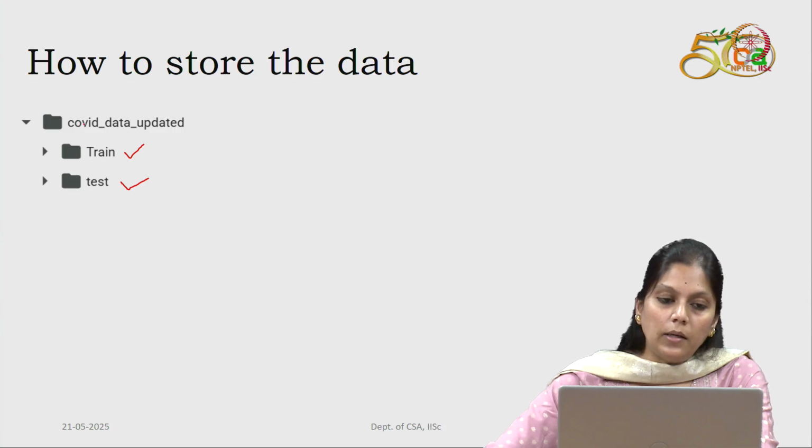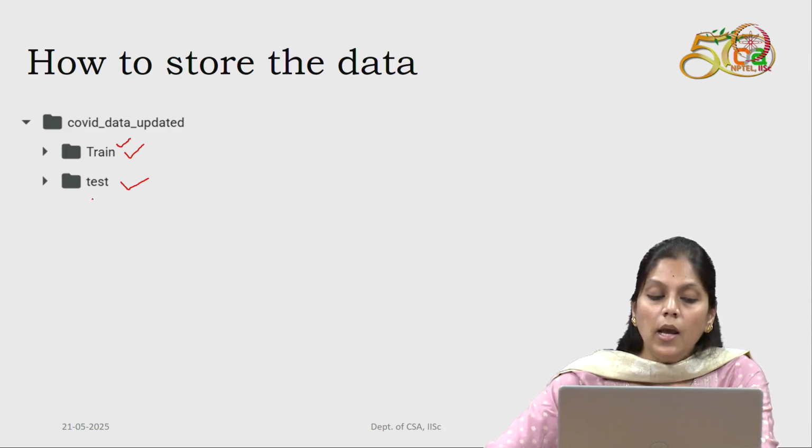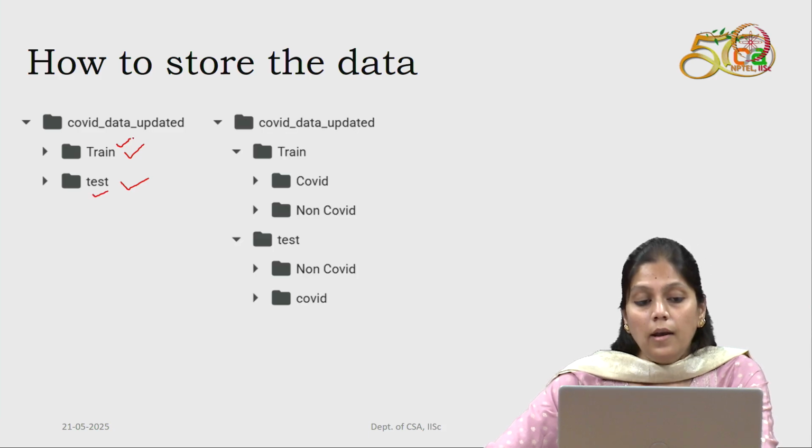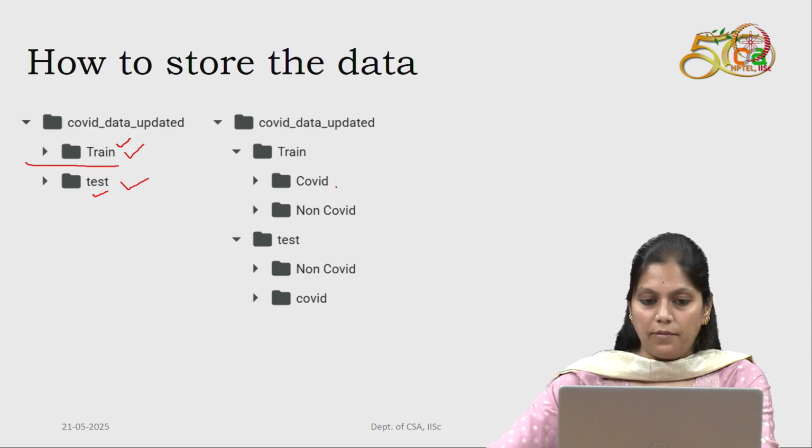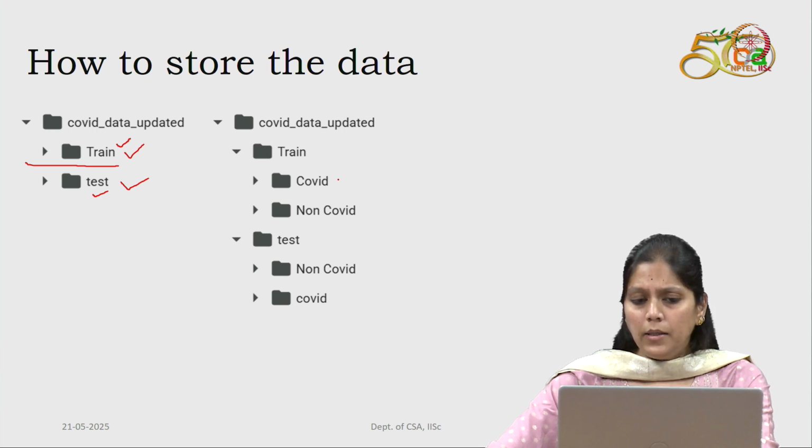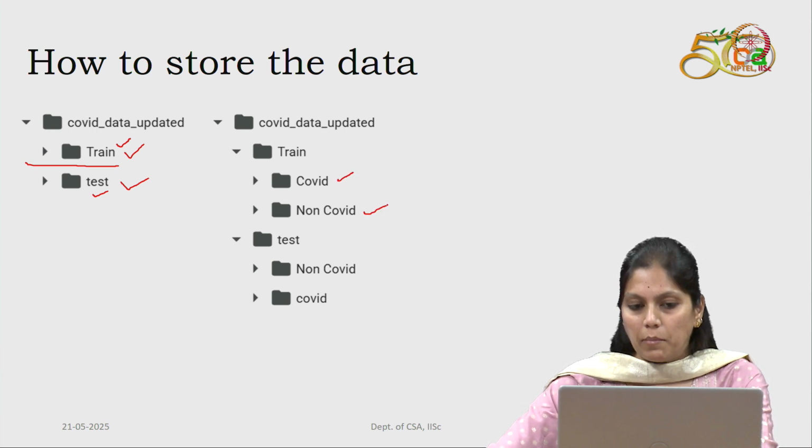Take a folder and inside, keep the images for training and the images for testing. The classification here is whether a given chest X-ray image is affected with COVID or is a normal non-COVID image. So it is a binary classification.